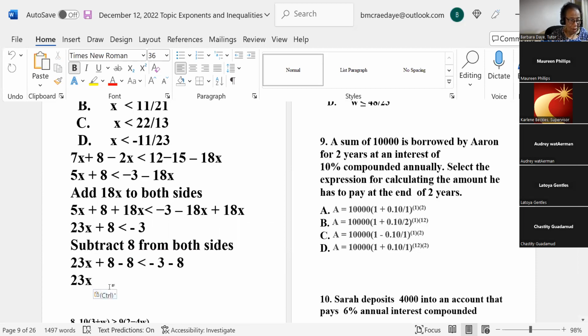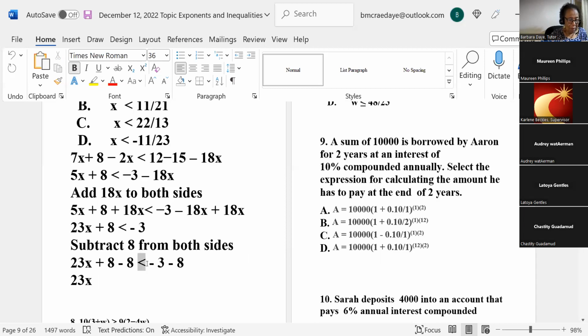And what do you have on the right side, Maureen? The less than. And what's a minus 3 and a minus 8? A minus 3 and a minus 8 is a minus 11. That's it. So we have 23x.